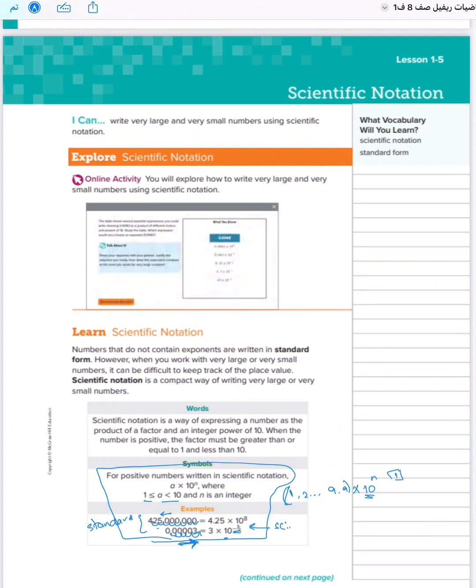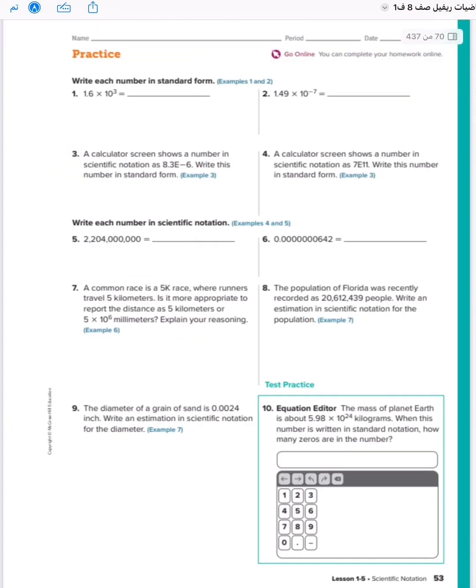Let's see our questions. Write each in standard form. So we didn't want it as 10 times. Okay, this is scientific because it starts with only one digit and times 10 power 3. The times is there, the 10 is there, so it is scientific. We want it as standard. So as we said, for standard form, we move 3 steps, so we will move the point like that: 1 2 3 here.